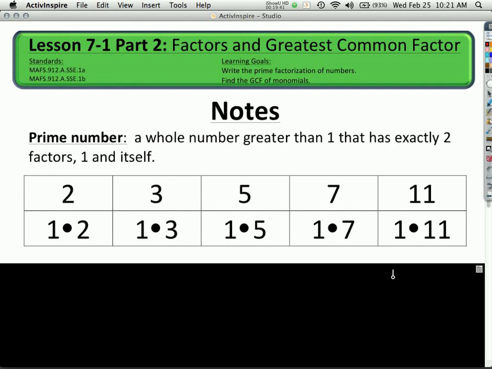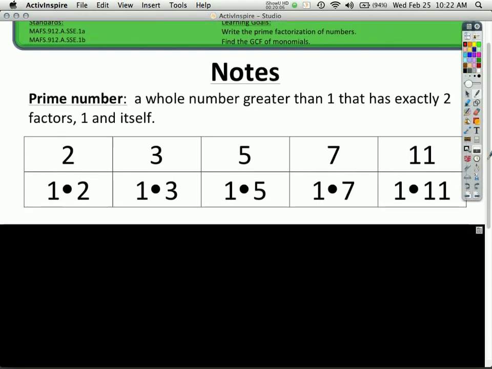So here are some examples of prime numbers. 2 is a prime number, 3, 5, 7, 11, there's many more. 13, 17, we could go on and on and on. There's infinite prime numbers. But what is most important is the fact that you see there's only one factor pair that can be used to achieve those numbers. Any questions about that?